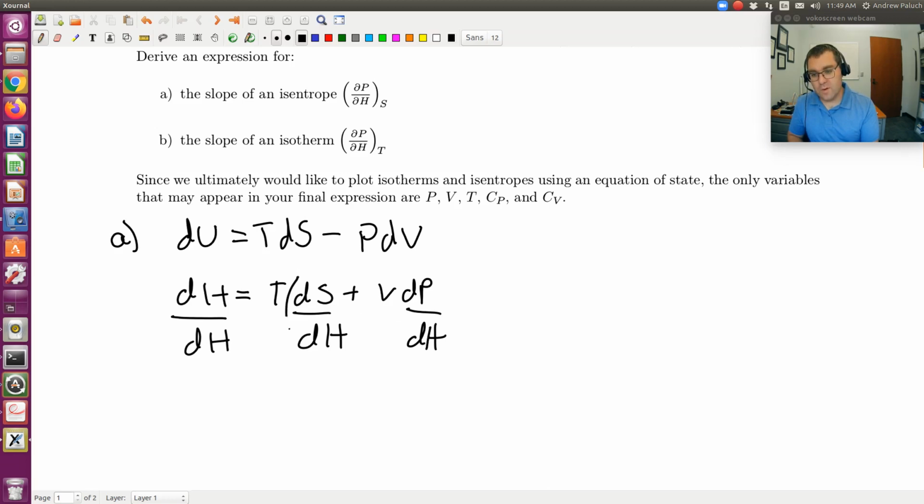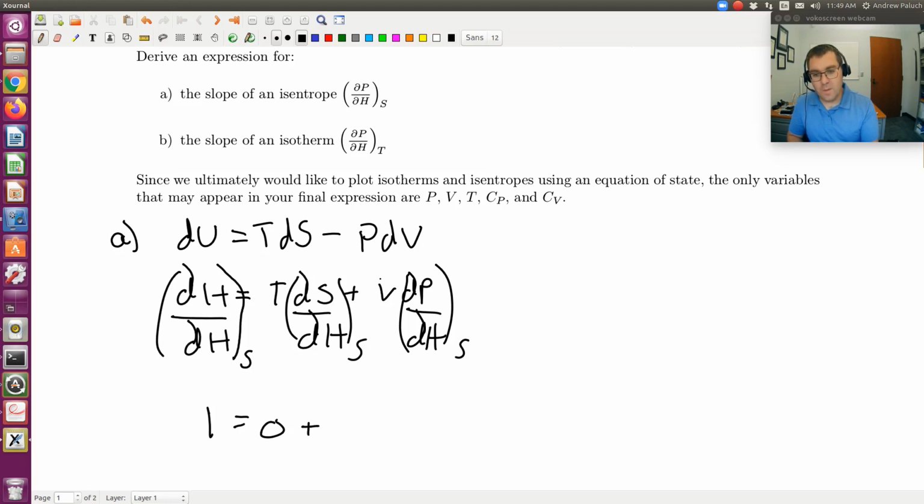Since I can only differentiate with respect to one variable at a time, I'll hold the other constant. In this case I'm going to hold S constant, so these should become curly differentials. In doing that, let's see what we're left with. dH/dH at constant S is 1. I have T times dS/dH at constant S, so now S is being held constant, so the derivative of a constant is 0.